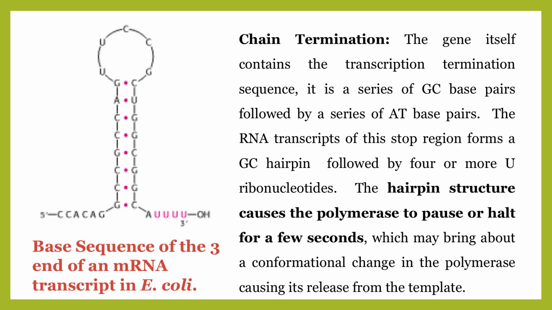So, now when the termination reaches, how is termination brought about? In the gene itself, the transcription termination sequence consists of a GC rich region, GC, GC, GC. Similarly, in RNA it would be CG, CG, CG, followed by U, U, U. Now, this RNA, because of the CG, CG, CG bases, forms a complementary structure.